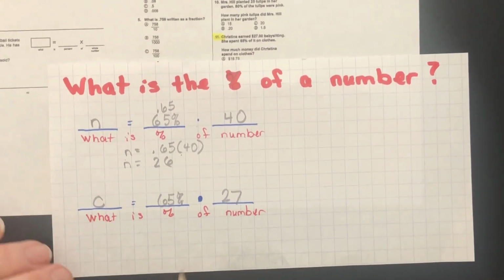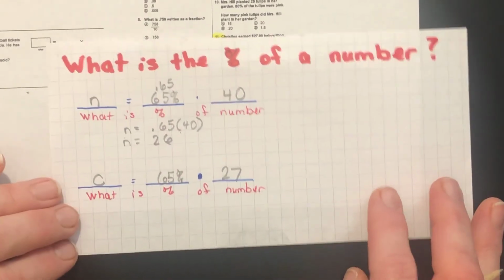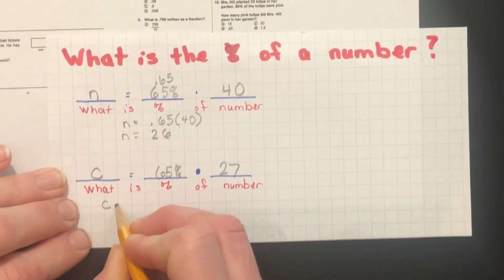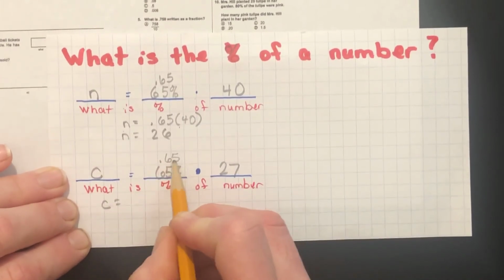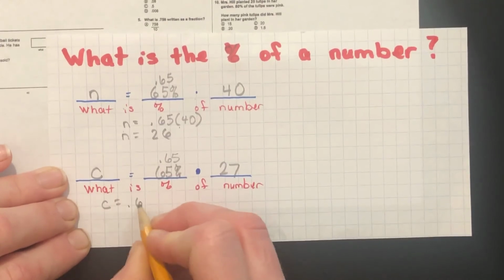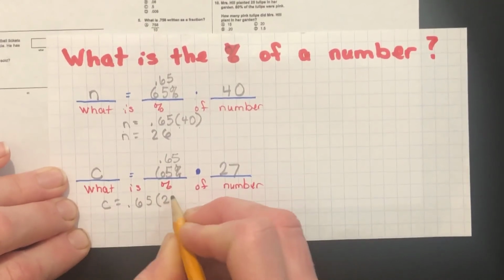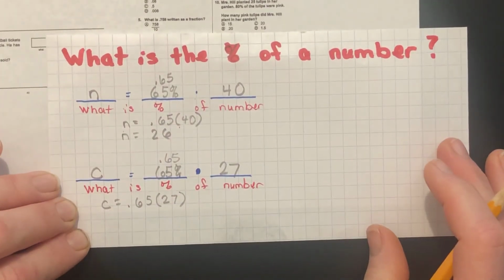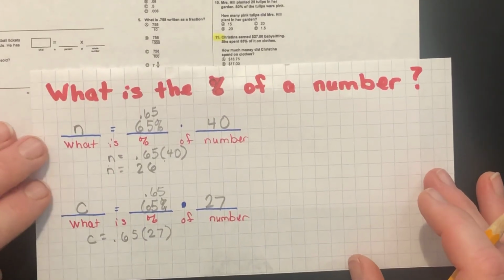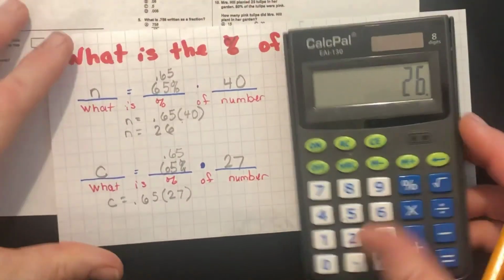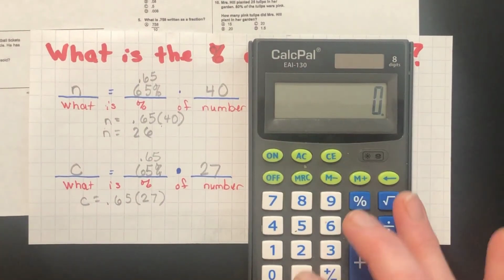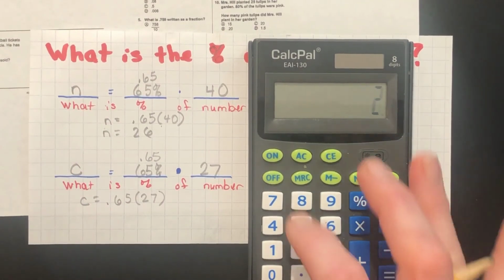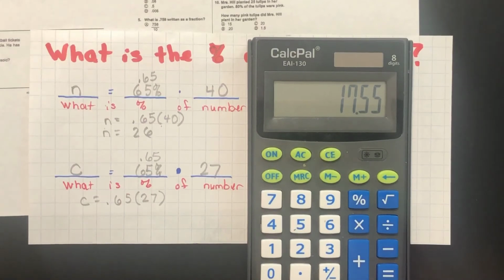Oh, this is very similar to the one above it. I didn't realize that. C equals, we'll change that to decimal form, 0.65, like that one. 0.65 times 27. How much money did she spend on clothes? 0.65 times 27. $17.55.